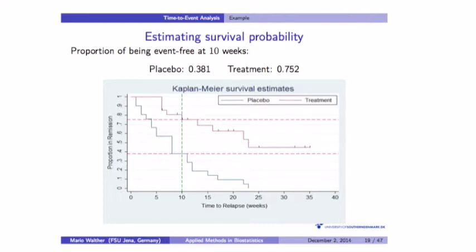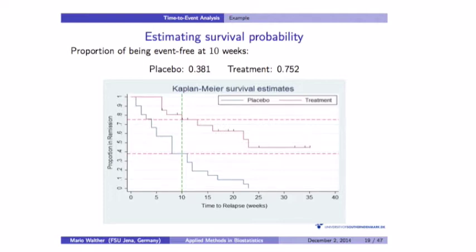In the placebo group, you would estimate a 10-week survival probability of about 30%, 40%, and in the treatment group you would estimate a 10-week survival probability of about 75%.